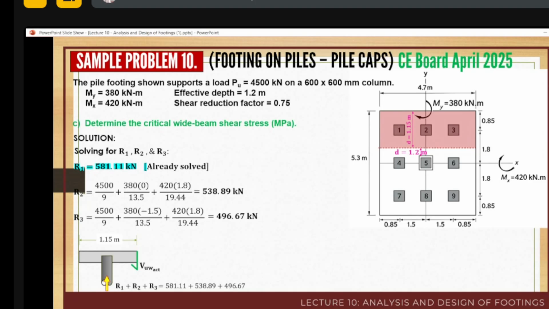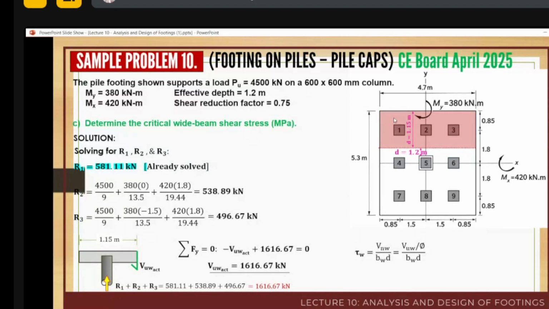Therefore, add R1 plus R2 plus R3 to determine the total shear that is critical for one-way shear. Summing up vertical forces equal to zero gives VU for one wide beam shear of 1667 kilonewton, the factored shear force for the critical section.